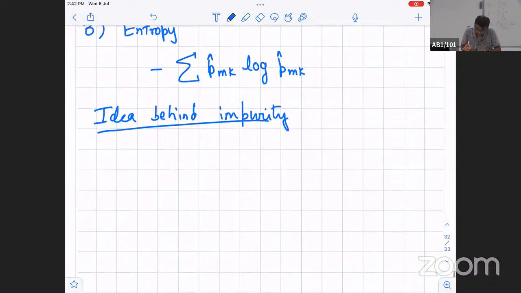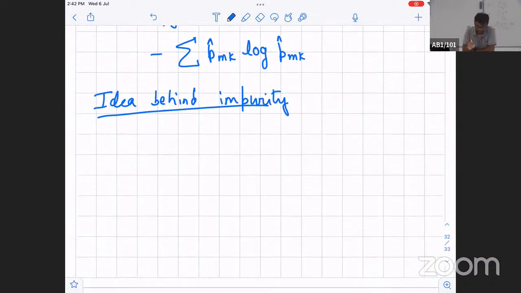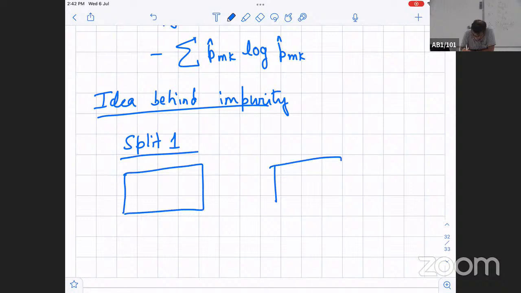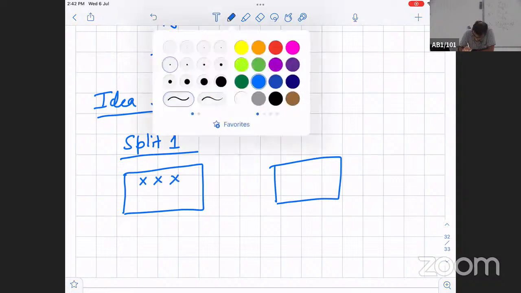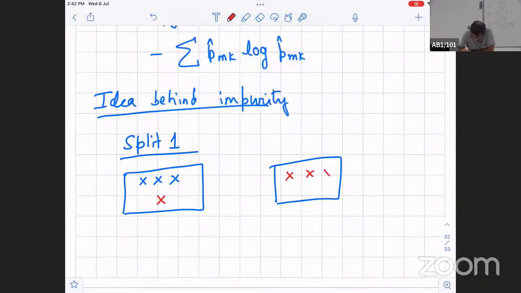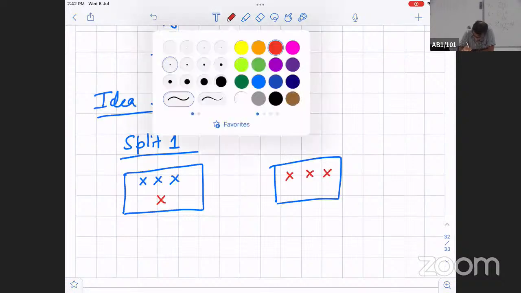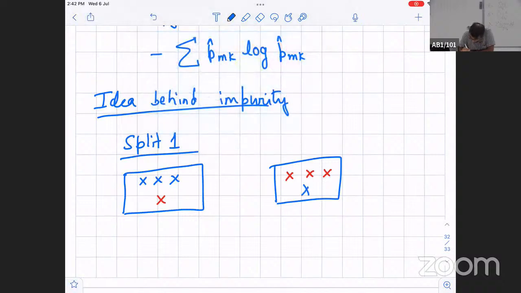Let us say there are two ways in which I can split. Suppose split 1 gives me two different regions. In one region, 3 of them are marked as blue and 1 is marked as red. In the other region, 3 of them are marked as red and 1 is marked as blue.